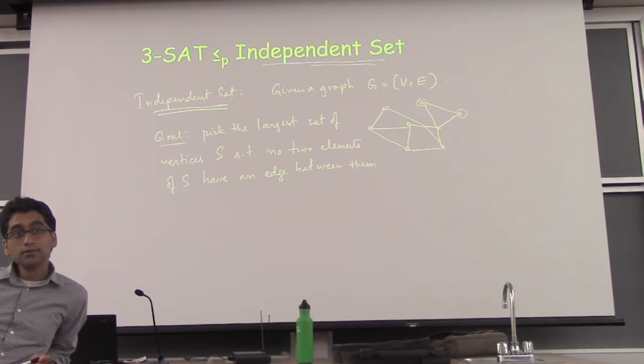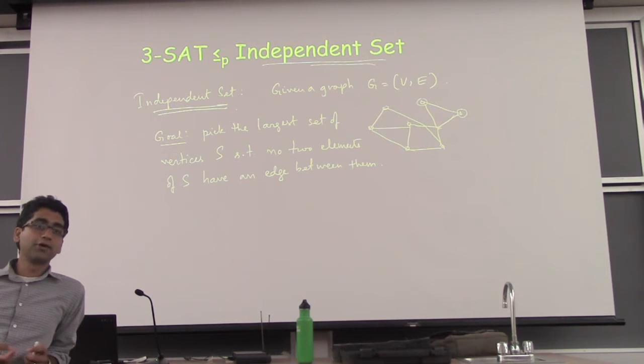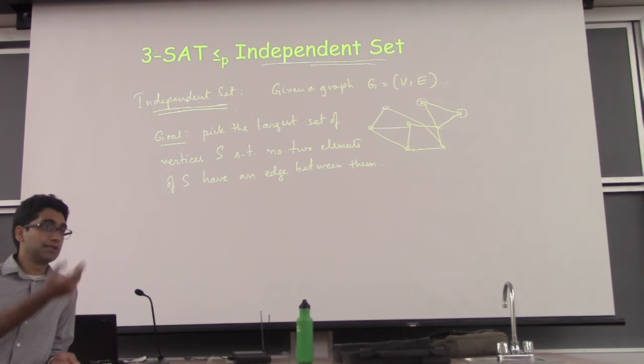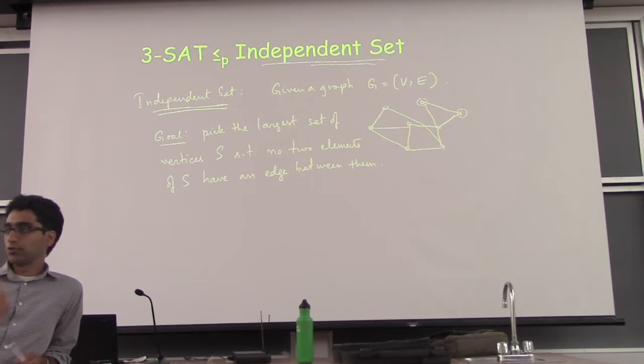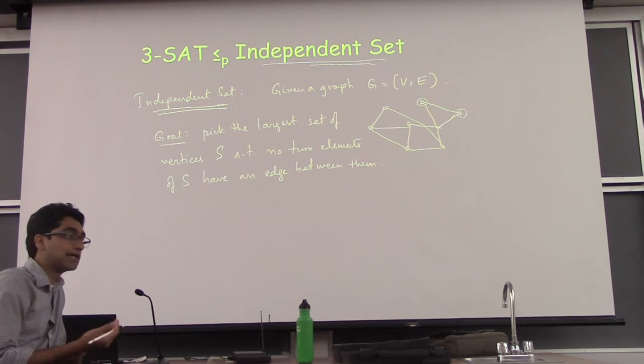Like we can have a greedy algorithm. No, I'm not asking for an algorithm. I'm just asking for a decision version of this problem. This is a maximization problem. Can there be more than this set of vertices? Yeah, that's one thing. At least k. Yes, so this is the same thing both of you said. Basically, given a k, is there an independent set of size at least k?